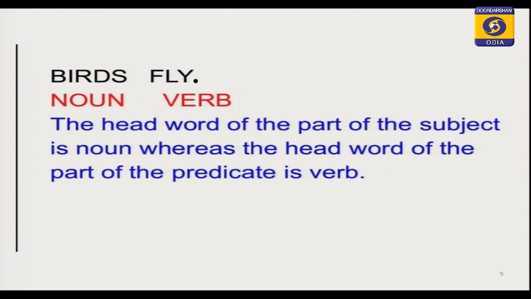What is told about birds? It is told that birds fly. So, fly is the predicate, birds is the subject. Now mark that. In this sentence, the subject part has only one word.